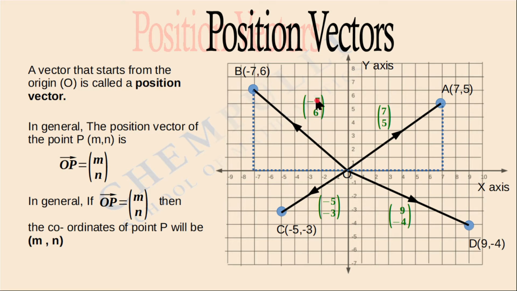If we know the position vector is (-7, 6) column wise, just write that row wise, then we will get the corresponding point, that is (-7, 6). In the point case we write row wise, and in the position vector case, which is a vector, we write column wise. That is the relationship between the point and the position vector of that point.